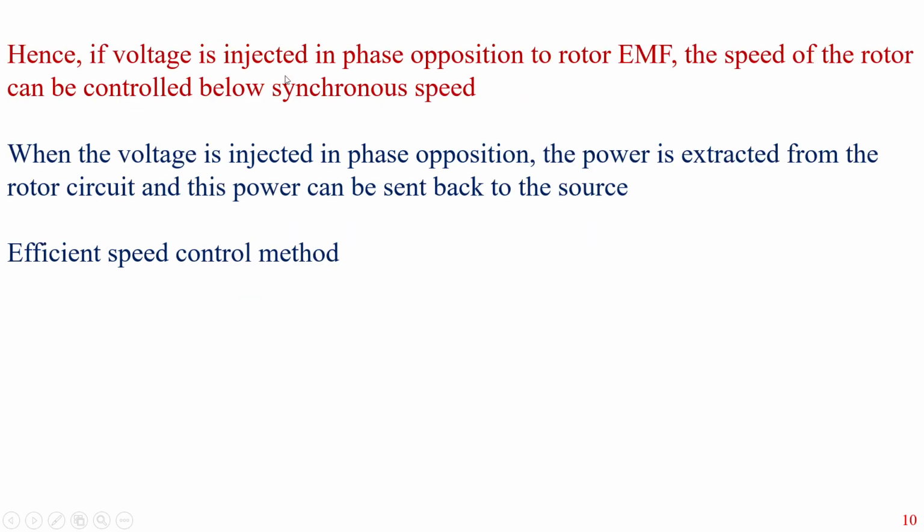Hence, if voltage is injected in phase opposition to the rotor EMF, the speed of the rotor can be controlled below synchronous speed. When the voltage is injected in phase opposition, the power is extracted from the rotor circuit, and this power can be sent back to the source. So this is an efficient speed control method.